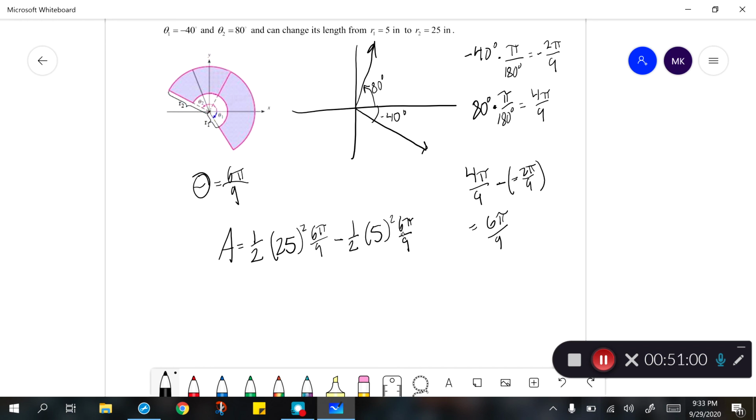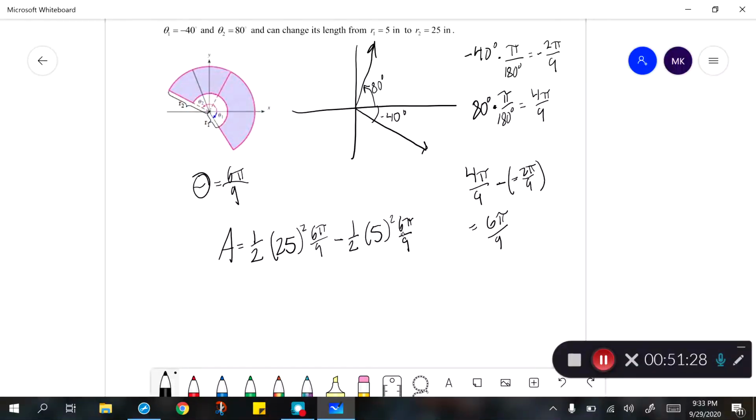Now you can do whatever you want to do. I do realize that I have not simplified 6 pi over 9 to 2 pi over 3. You can do that if you want. I forgot to do that, so I'm just going to leave it because it doesn't change the problem. Go ahead and simplify this however you want, combine like terms, or just very carefully enter this into your calculator.